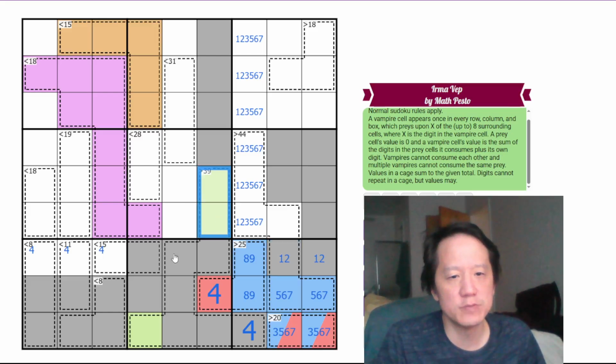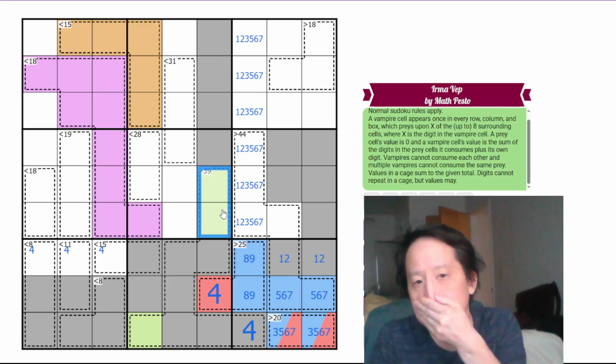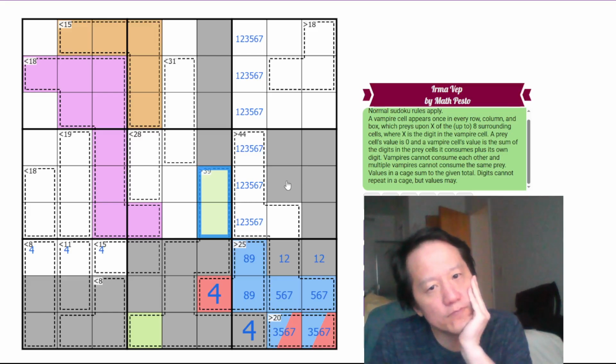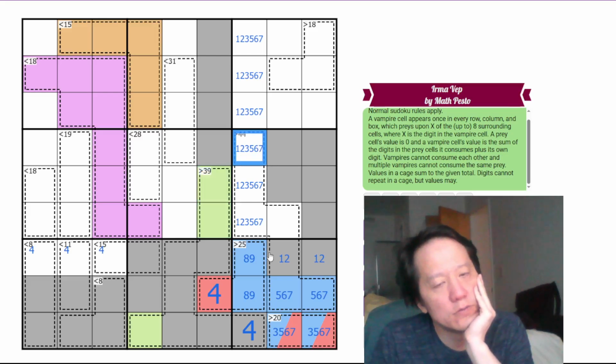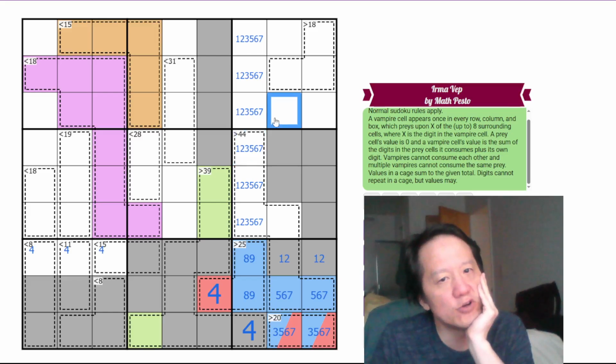These two digits must match these two digits, period. And they cannot be preyed upon. This could potentially prey upon multiple digits here.